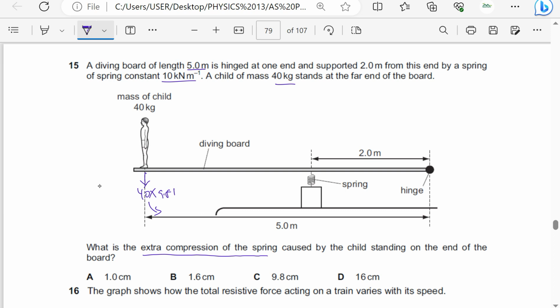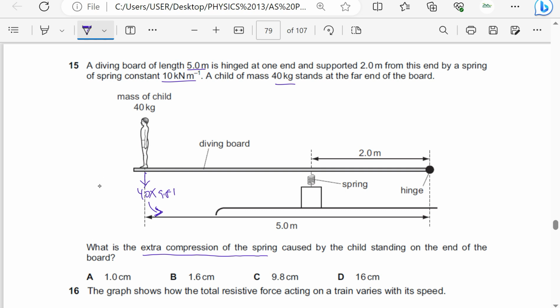I'm going to find the anti-clockwise moment first. It should be equal to the clockwise moment. So there should be a force here, which I'm going to find.